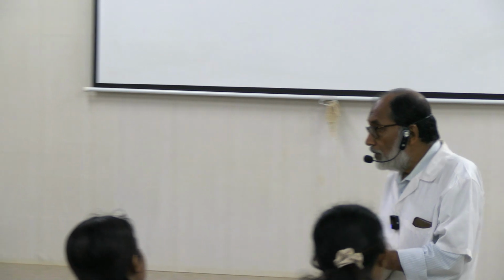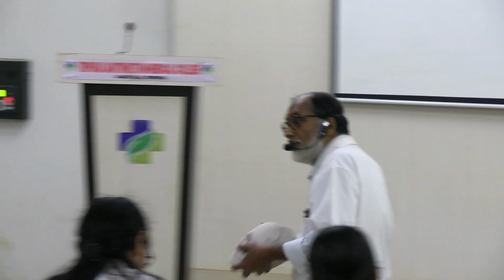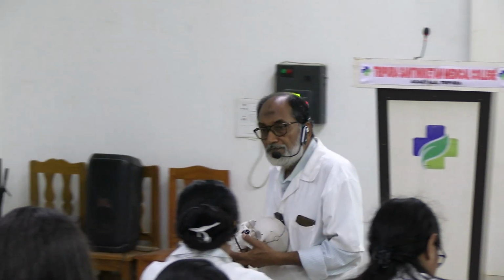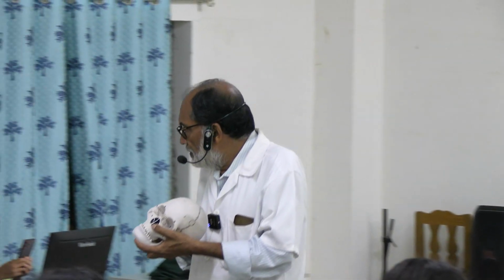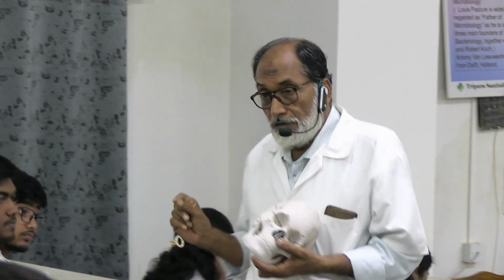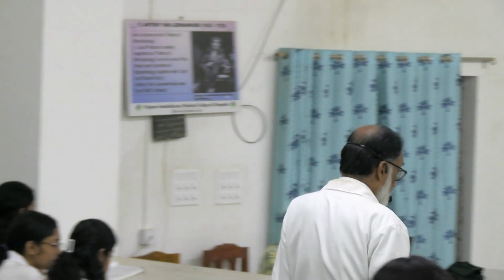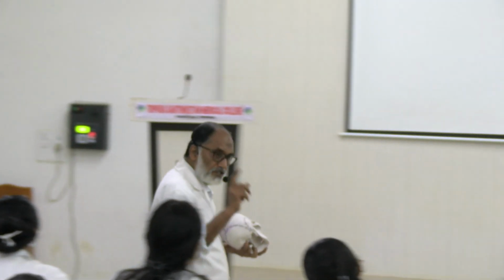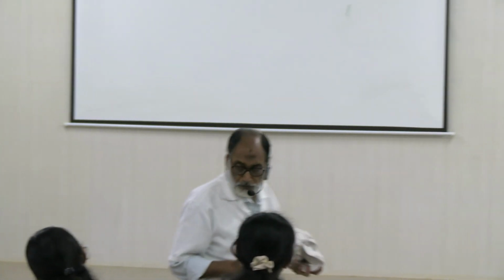Now this sphenomandibular ligament is, from the development point of view, a very important ligament. Though it offers very little stability to this joint, embryologically it is very important. This is the sphenomandibular ligament. Spheno means sphenoid, and mandible means mandible.